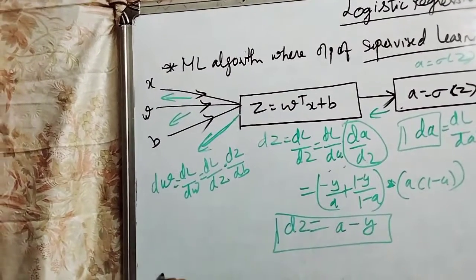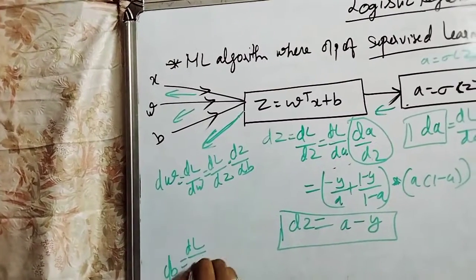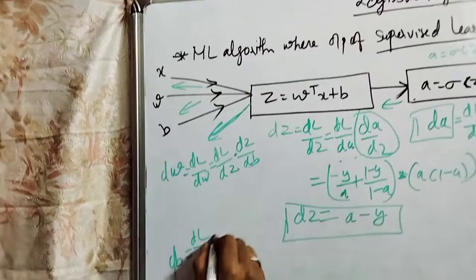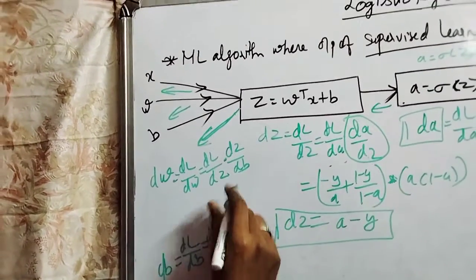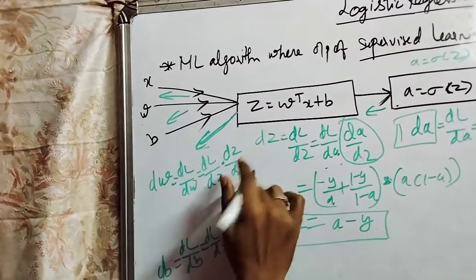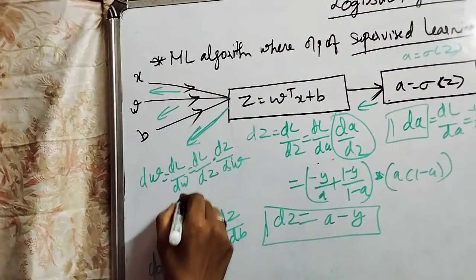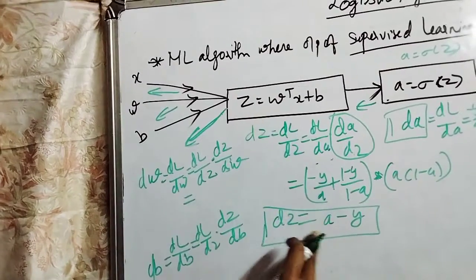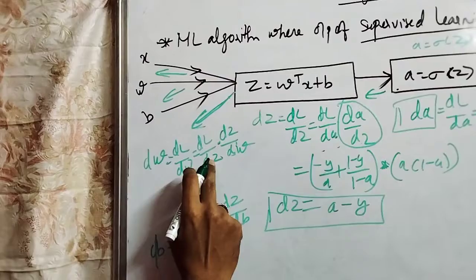We have derived that dL by dz, which is dz, is equal to a minus y.